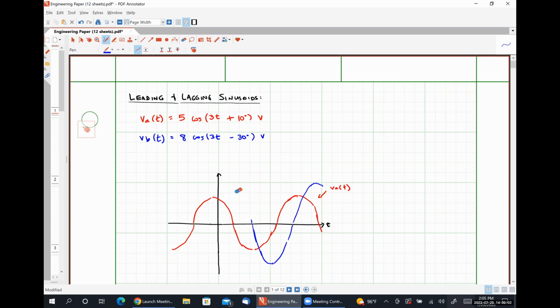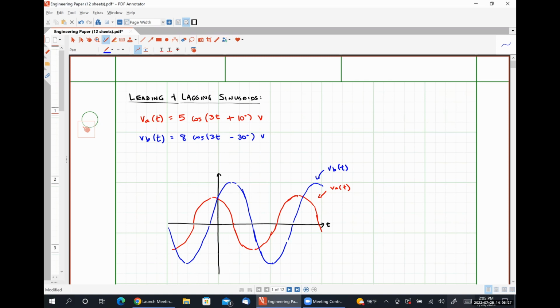Let me fix that. Like so. And our blue curve represents VB of t, okay?